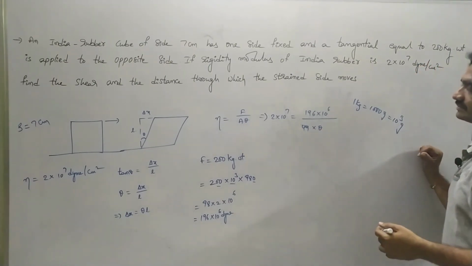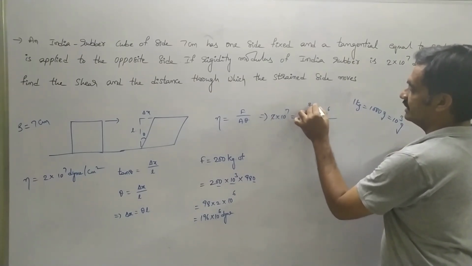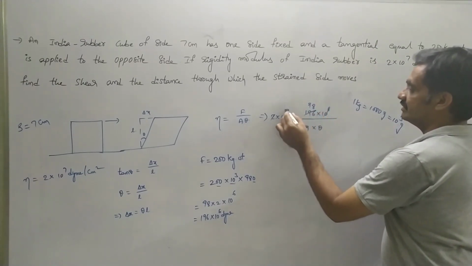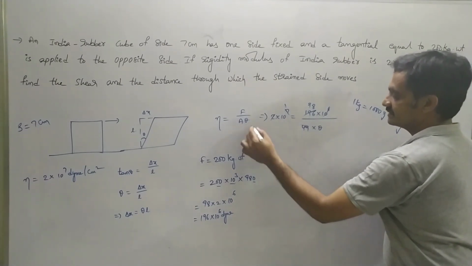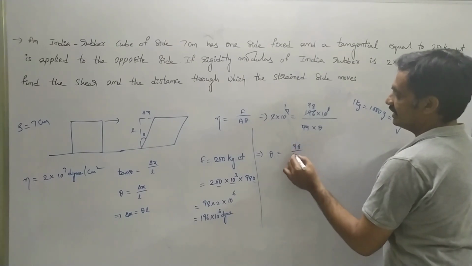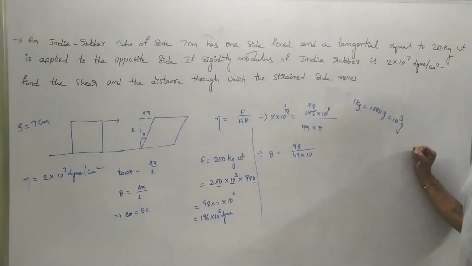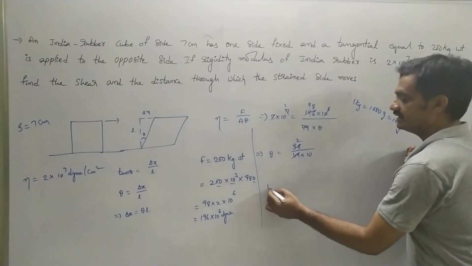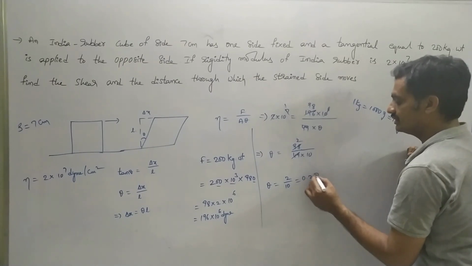So 2 into 98, 98 twos are 196. Here one power gets cancelled, still we have 1, where from this expression theta is equal to 98 by 49 into 10. 49 twos are 98. Then theta is equal to 2 by 10, nothing but 0.2 radian.